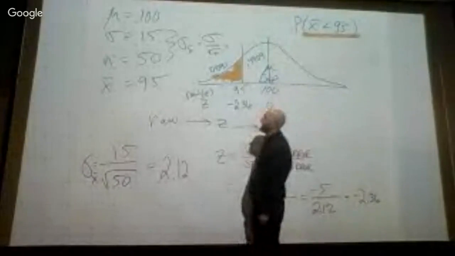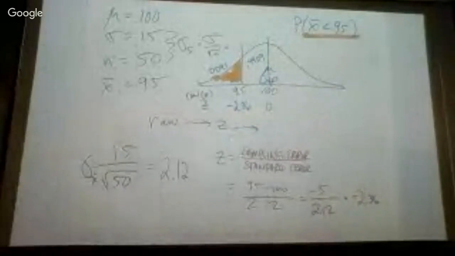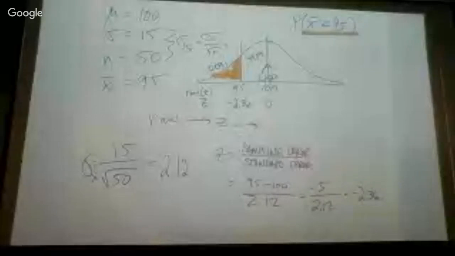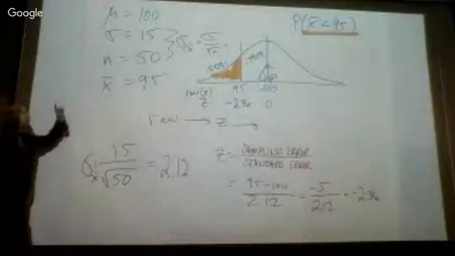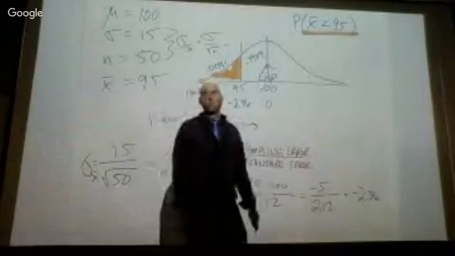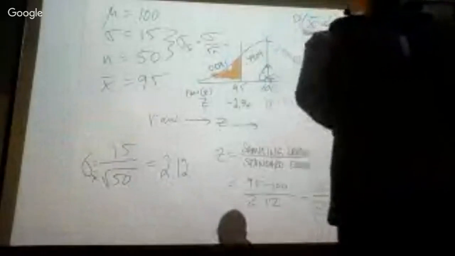One person at 95 would have a z-score of negative 5 over 15, negative 0.33. Negative 0.33 means the area of 0.1293. Someone at that level is in the 37th percentile. One person, not 50, but one person with an IQ of 95 is in the 37th percentile. They are more intelligent than 37% of people.